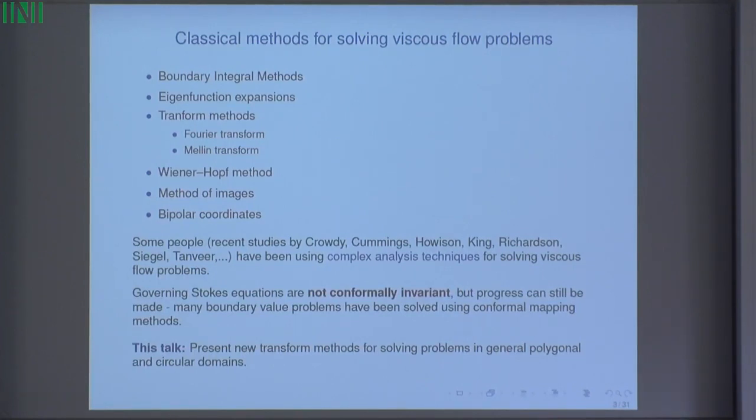I should emphasize that not many people have used complex analysis tools to solve viscous flow problems. I mentioned some names here, and most of these people are here in the audience. The thing is that the governing Stokes equations are not conformally invariant, meaning that in general we cannot use conformal mappings. But I should emphasize that many boundary value problems have been solved using conformal mapping techniques, so progress can still be made.